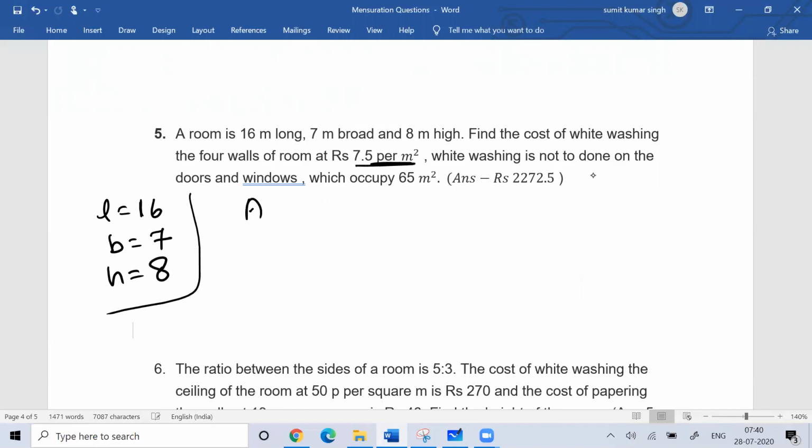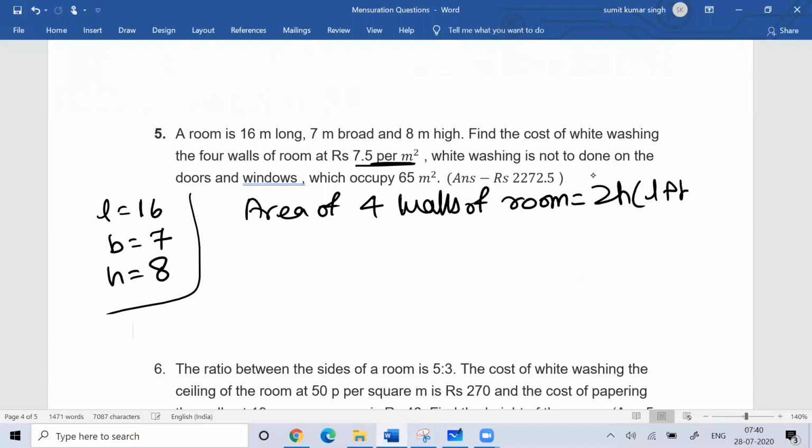So you know the formula for the area of four walls of a room is 2h into (L plus B). So the area is 2 into 8 into (16 plus 7). 16 plus 7 is 23. That is the area of four walls of the room.